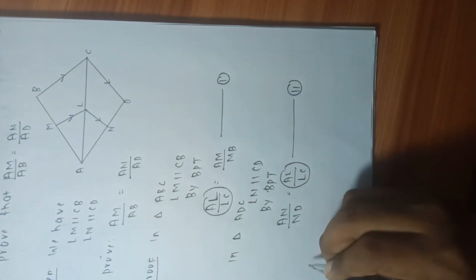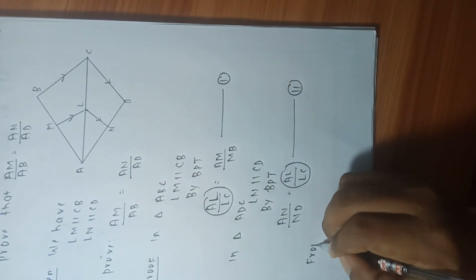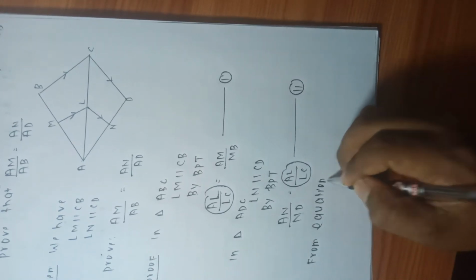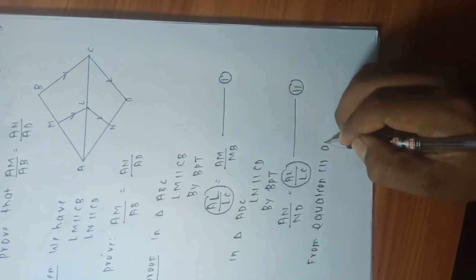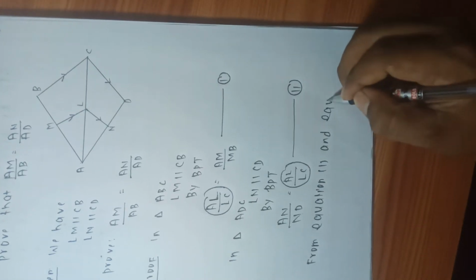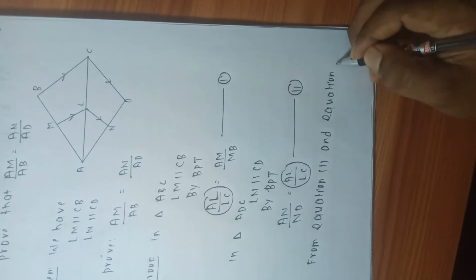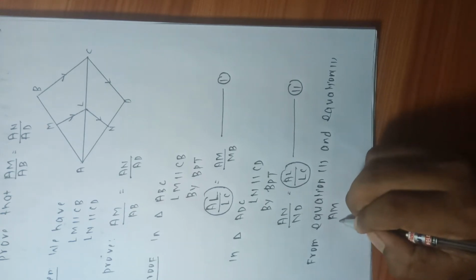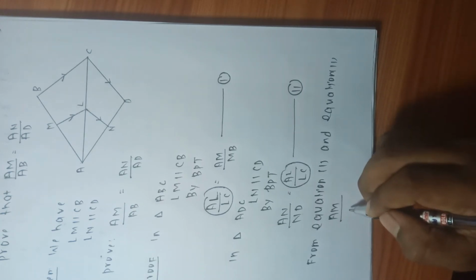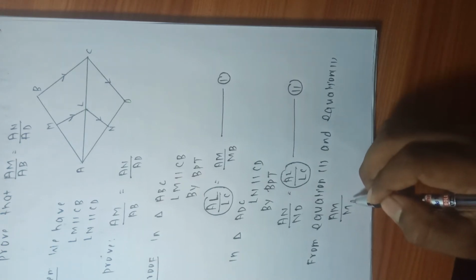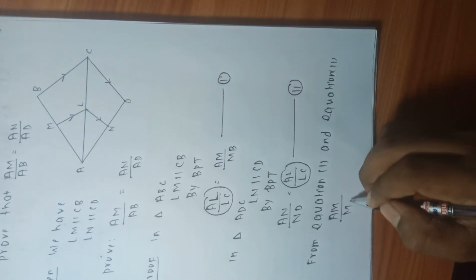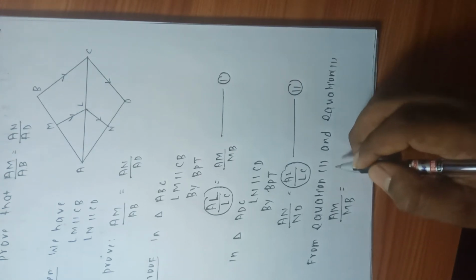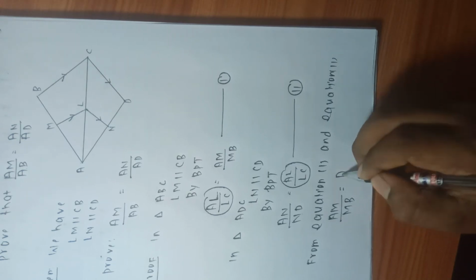So from equation 1 and equation 2, we can write AM by MB equals AN by ND.